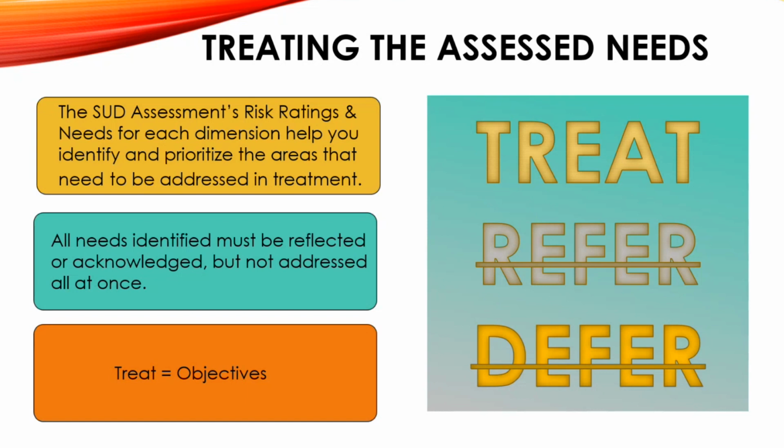But remember that regardless of what needs we end up deciding to treat right away, we do need to acknowledge all of the needs that were identified in the assessment. And as we know, each need that we're treating, we're going to write an objective to.